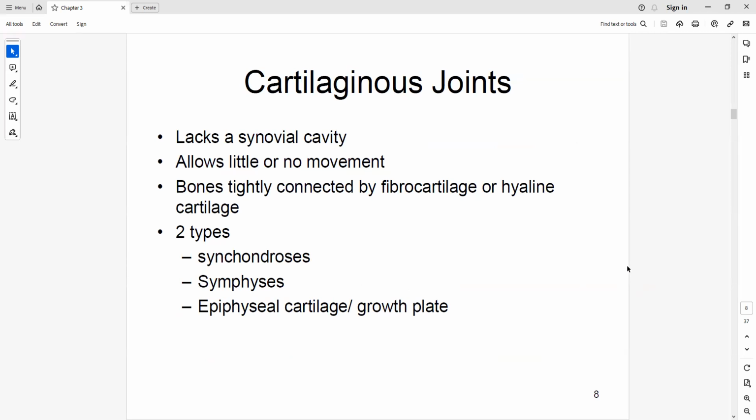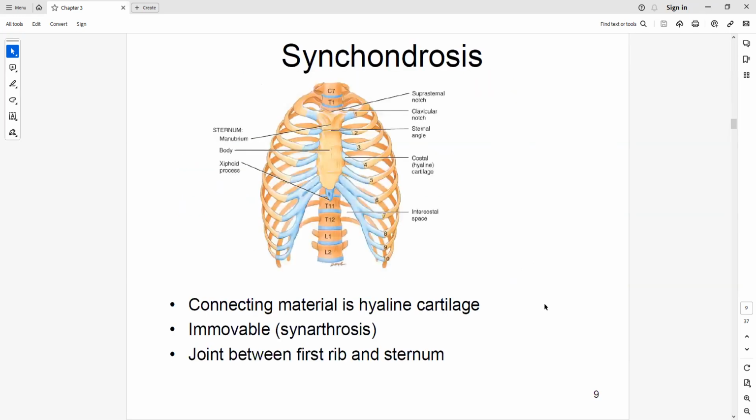And then there's a set of cartilaginous joints. So these allow either little or no movement, and that's because bones are tightly linked to fibrocartilage or hyaline cartilage. So let's take a look at these cartilaginous joints.